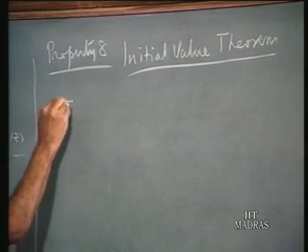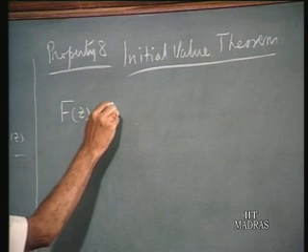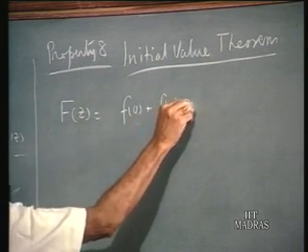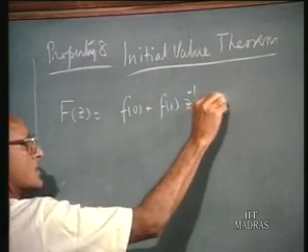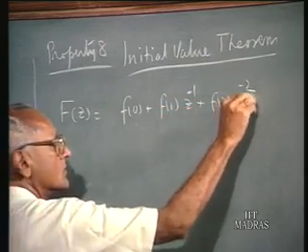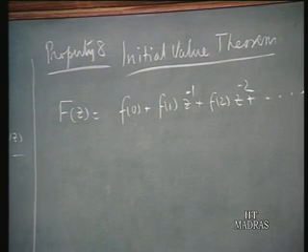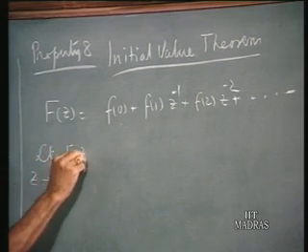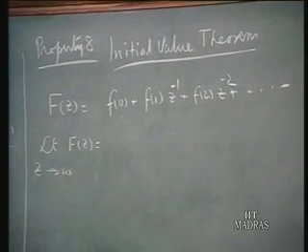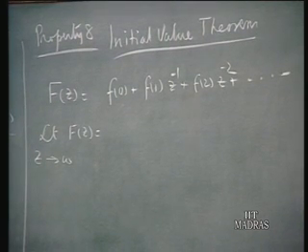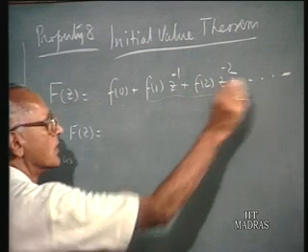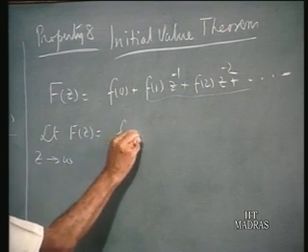By definition, F of z equals f0 plus f1 z minus 1 plus f2 z minus 2, etc. So if you take the limit as z tends to infinity of F of z, if you take z to a very large value, all these terms will become insignificantly small and you get f0.